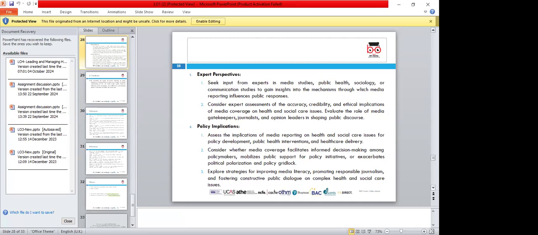Very, very important. It should be constructive, even if the media are talking about negative stuff about the healthcare, it needs to be constructive, okay?